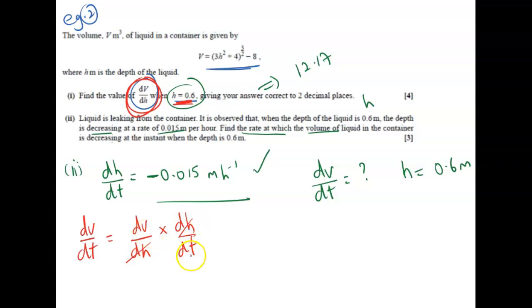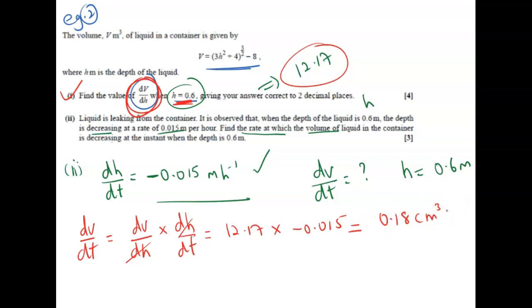When we cancel these two, we get dV/dt. So I multiply this 12.17, the answer from part 1, by minus 0.015, and that gives me minus 0.18 cubic centimeters per hour. Of course it's negative, so I could say the volume is decreasing at a rate of 0.18, or dV/dt is minus 0.18 cubic centimeters per hour. Either way, my answer is correct.